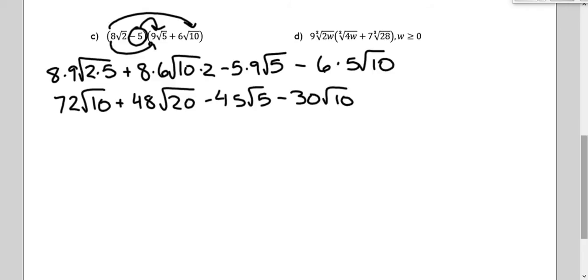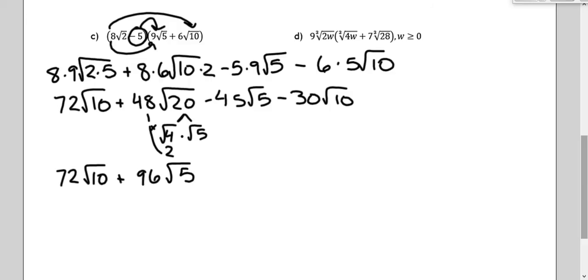Now we check to make sure that it's all broken down, and I think this is the only one that's not, because that breaks down to root 4 times root 5, so 2 multiplied by 48. So that gives us 72 root 10 plus 96 root 5 minus 45 root 5 minus 30 root 10, and then you have to simplify if you can.